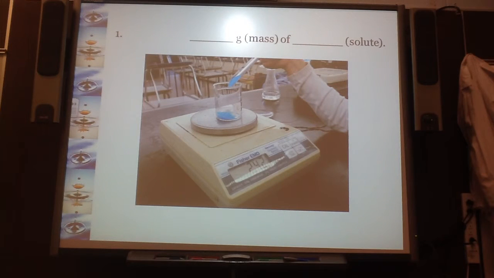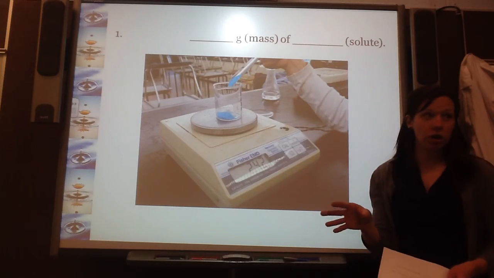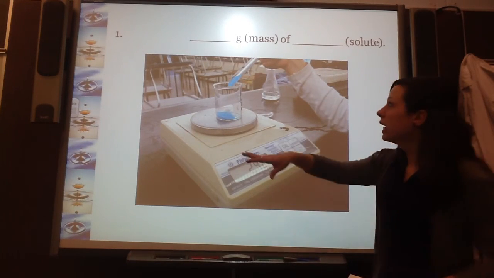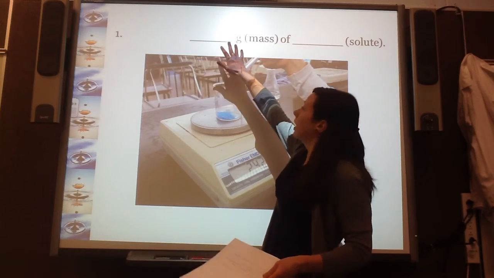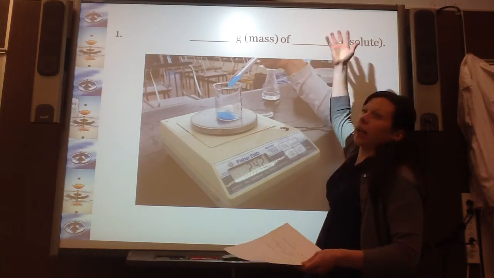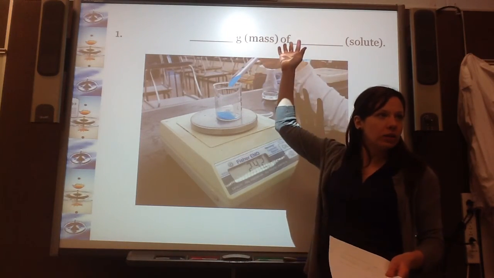So, what does this look like? There's some copper 2 sulfate, weighing it on a weigh scale. If you're told, explain the procedure of how to make a standard solution of blah, blah, blah, your first step, and you actually have to write this out when you're doing your questions, is weigh blank grams of blank, and you would write that in.